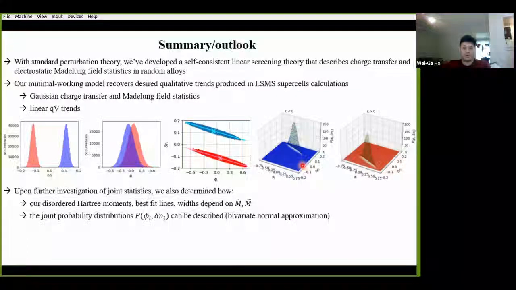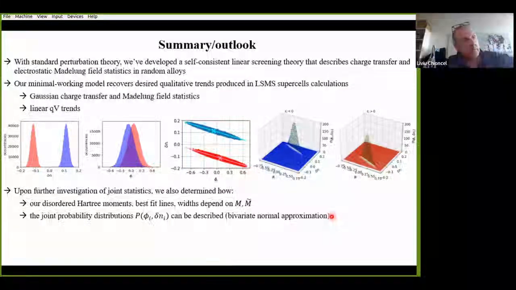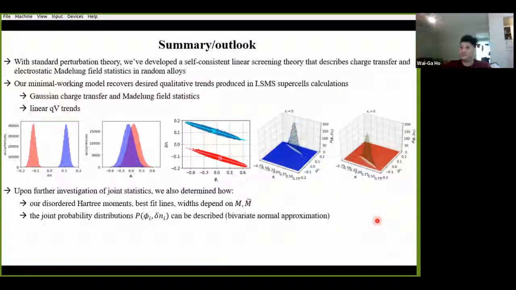And we saw that this worked pretty well, especially in the weak screening regime, where the statistics are more Gaussian. So with that, we've got a pretty complete description of the statistics within this disordered Hartree framework, where we found that everything can basically be tied back to our linear response functions, m and m tilde.